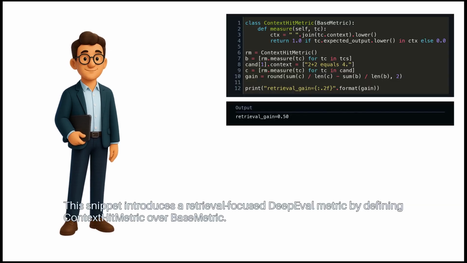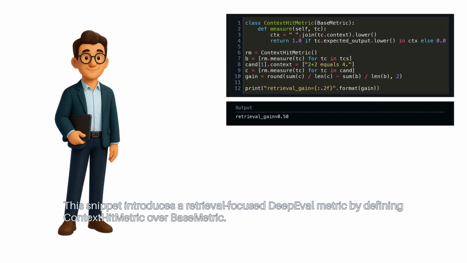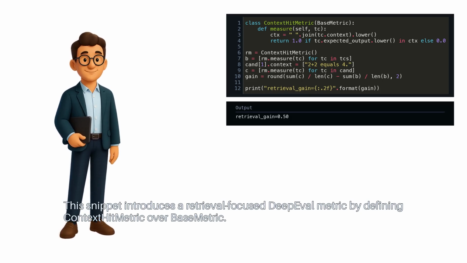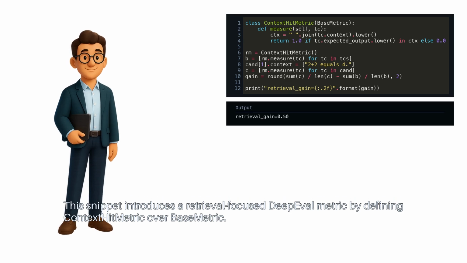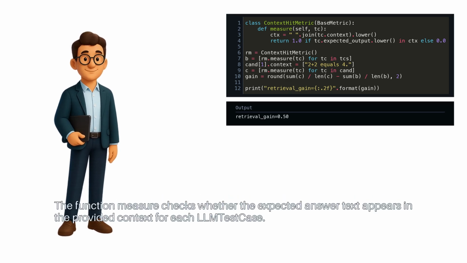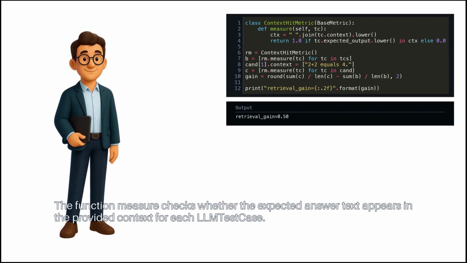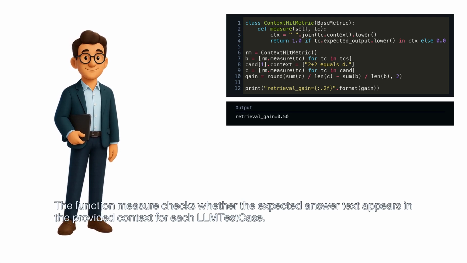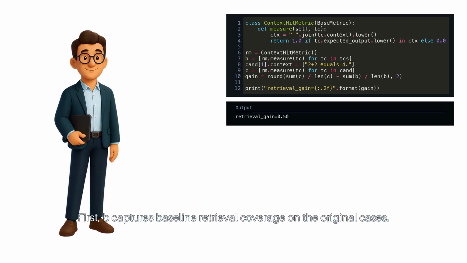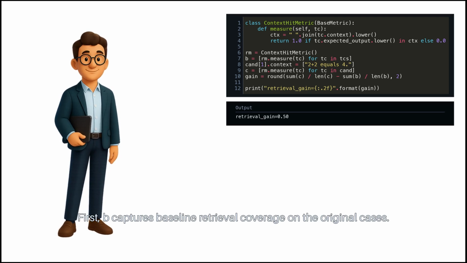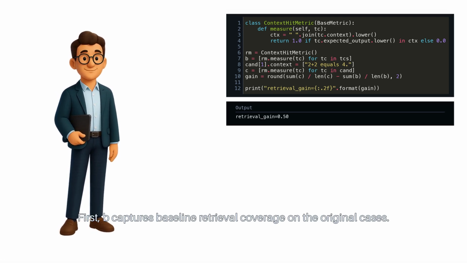This snippet introduces a retrieval-focused DeepEval metric by defining ContextHitMetric over BaseMetric. The function measure checks whether the expected answer text appears in the provided context for each LLMTestCase. First, b captures baseline retrieval coverage on the original cases.